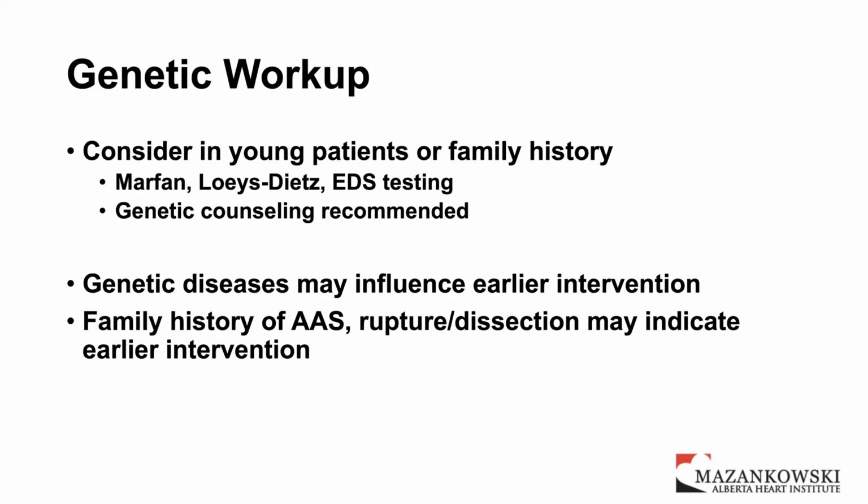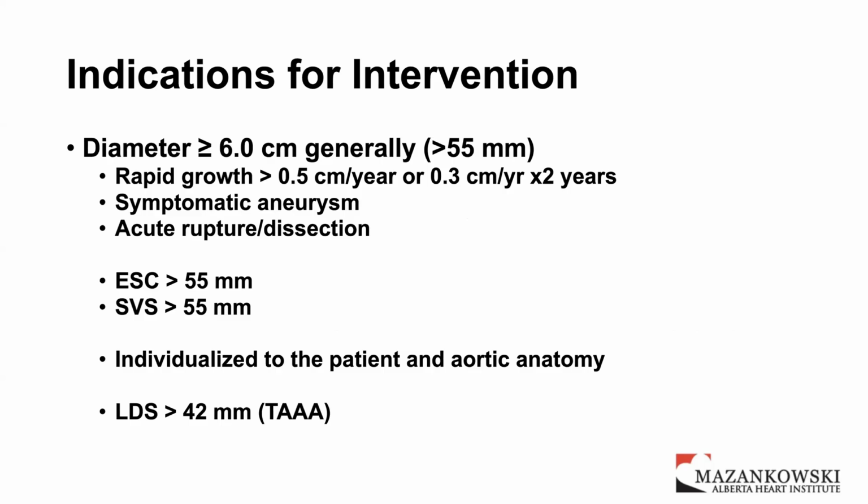A very important family history of acute aortic syndromes, or family history of rupture or dissections at sizes smaller than our guidelines, is important to have. But having a mechanism for sharing the responsibility of these decisions to intervene, whether open or endovascular, with a multidisciplinary team is incredibly important.